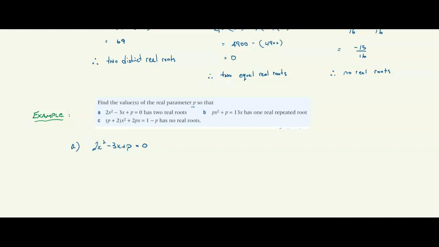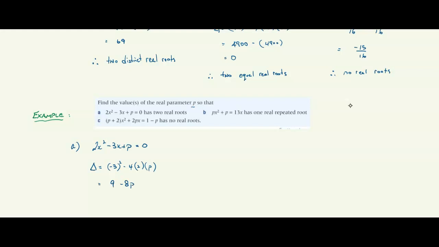I want two real roots here. So, all right, I'm going to find the discriminant. It's going to be in terms of p, and then I'm going to solve it to get the nature of the roots that I'm asked to provide. So my discriminant here is b squared, negative 3 squared, minus 4 by 2 by p in this case. Okay, so that's 9 minus 8p.